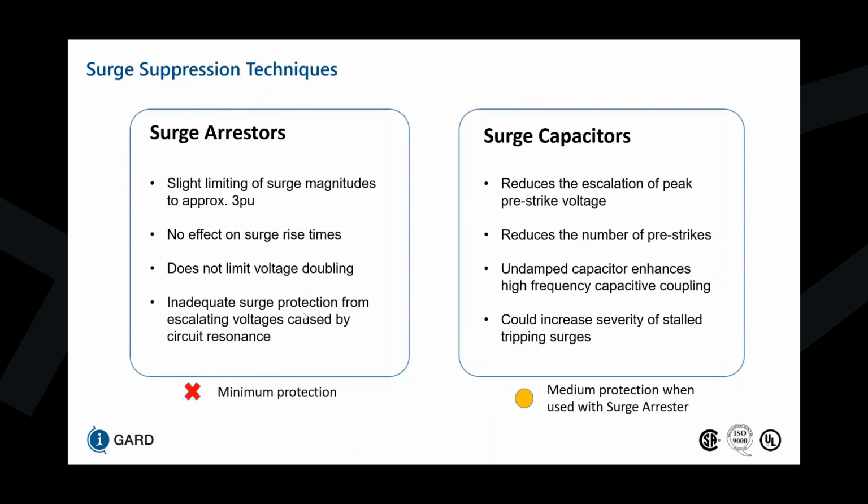Surge arresters are really good for lightning strikes, but aside from that, for switching transients, it shouldn't be the preferred method. For surge capacitors, we reduce the escalation of peak pre-strike voltages, reduce the number of pre-strikes, but because the surge capacitor is undamped, you may enhance the high frequency capacitive coupling, and it could increase severity of stalled tripping surges.